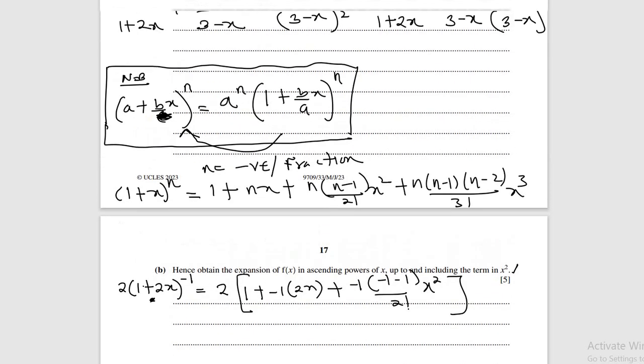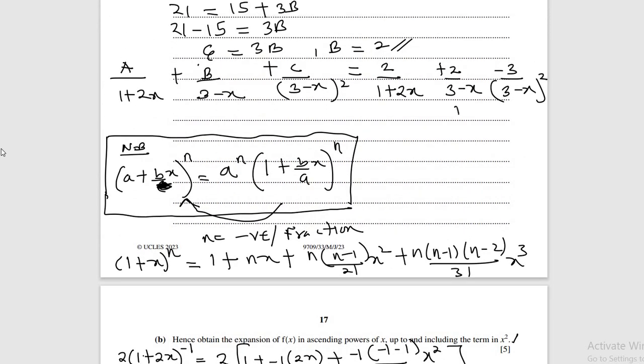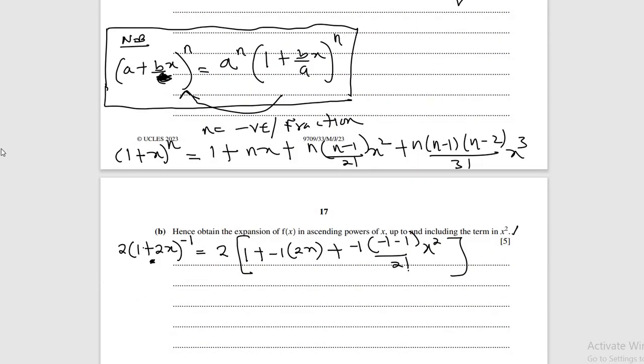The second one, which is 2 over 3 minus x, can be written as 2 times (3 minus x) to the power of minus 1. Now we are going to use this manipulation. Don't touch the 2 here.